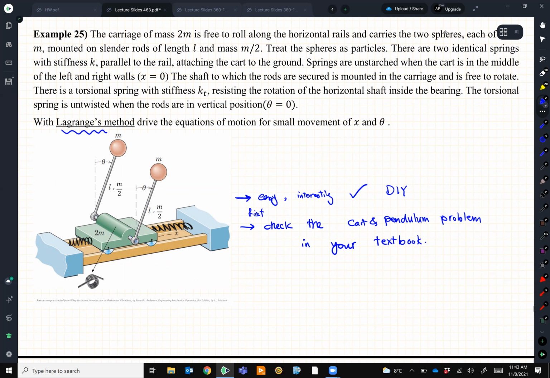There is a nice, classic example in vibration, the cart and pendulum one. It is useful for understanding many things in vibration, and if you are taking courses in control, it's good for control as well. If you couldn't do it yourself, please ask me.